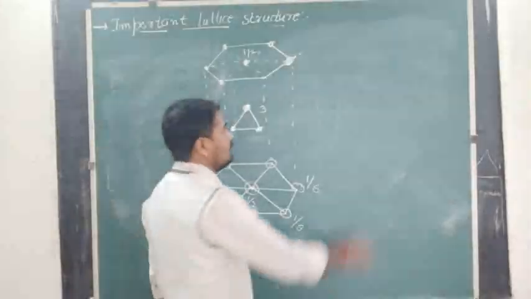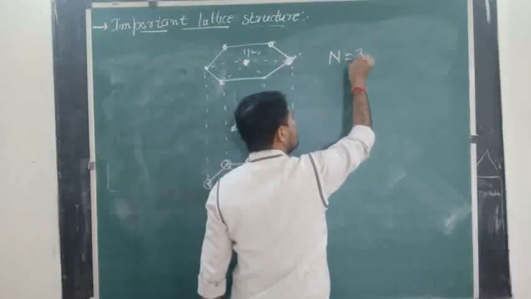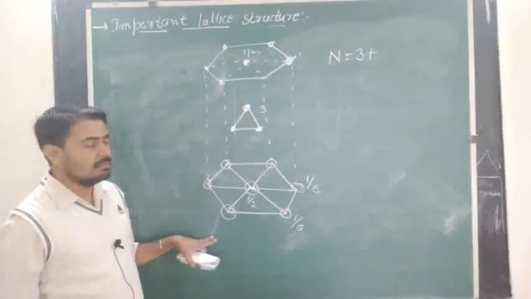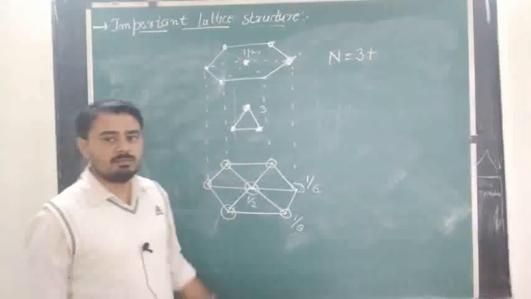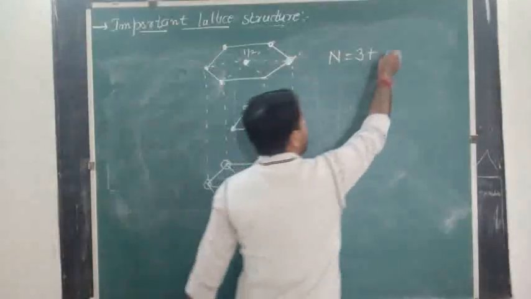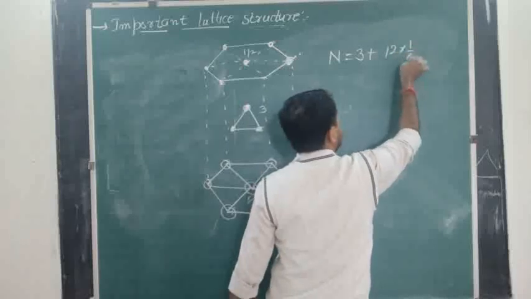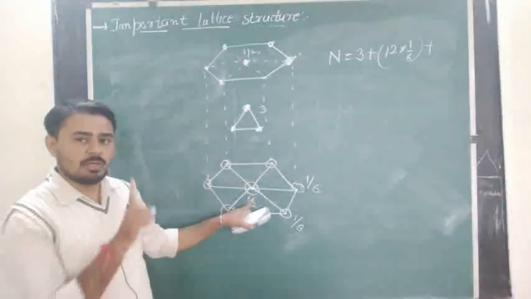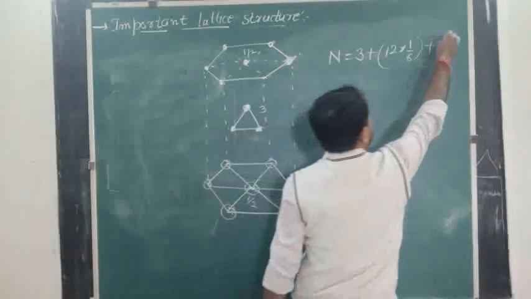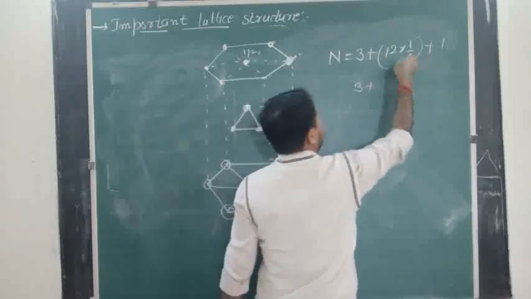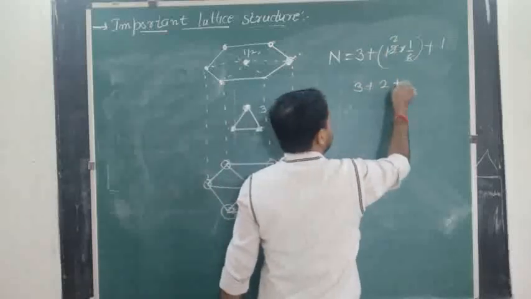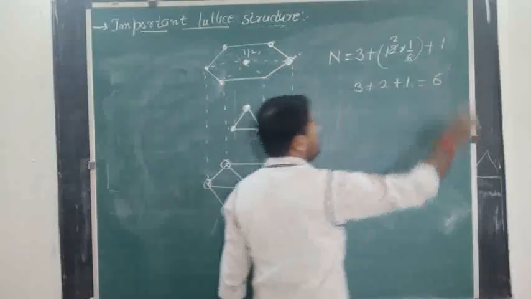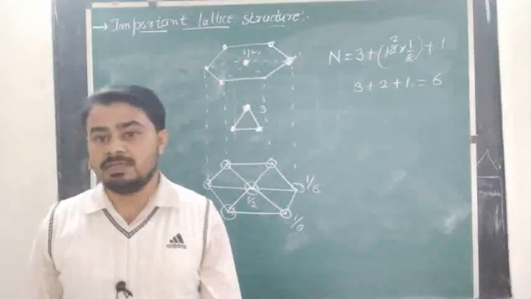Total corner atoms are 6 in the below layer and 6 in the above layer, so 12 into 1/6 is 2, plus 2 center atoms with half each gives 1. That's why it is 3 plus 2 plus 1 equals 6. That means the total number of atoms in HCP becomes 6.